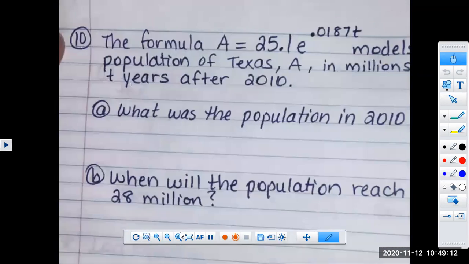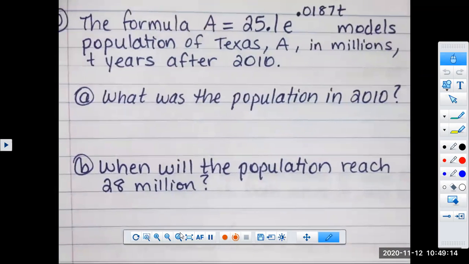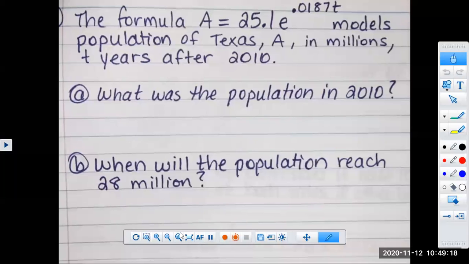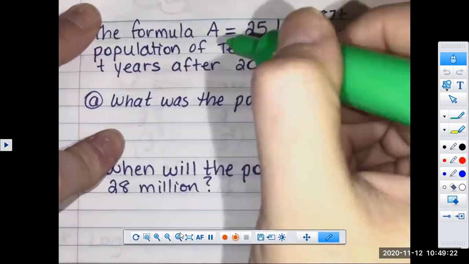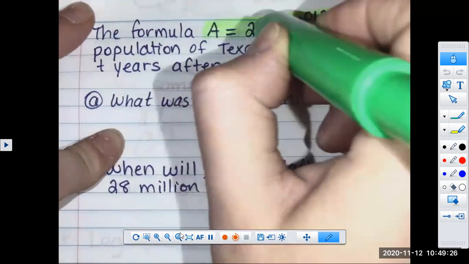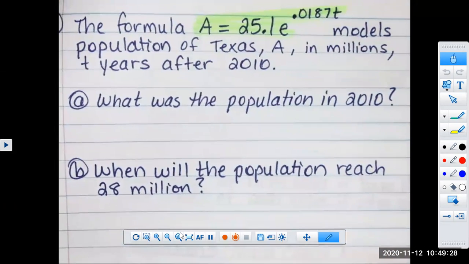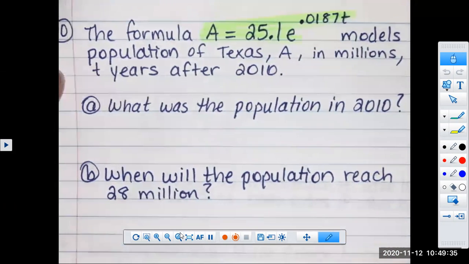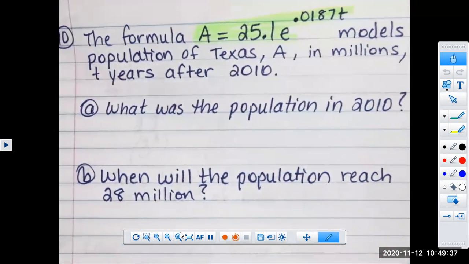Okay, last problem. The only thing that you need to write down is that equation. The formula models population of Texas A in millions T years after 2010.